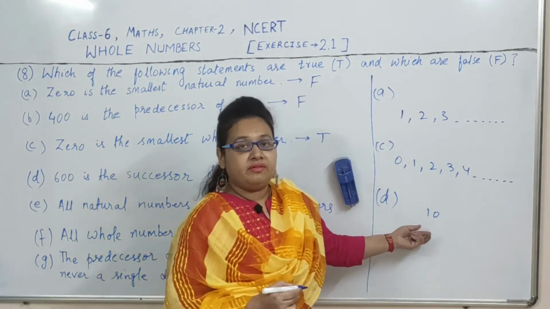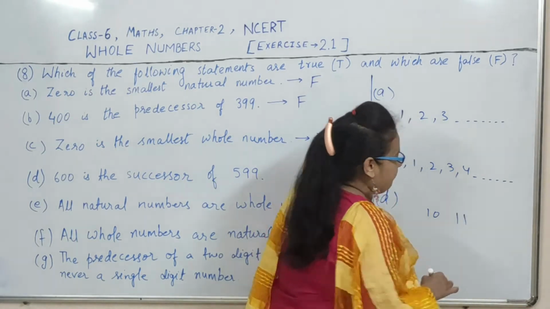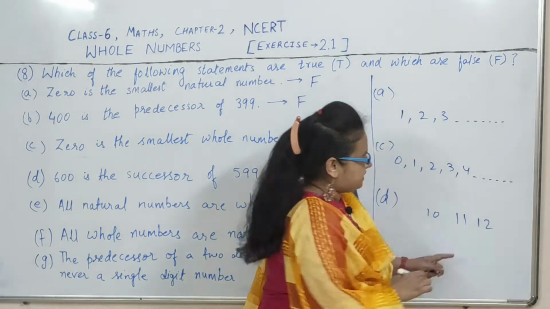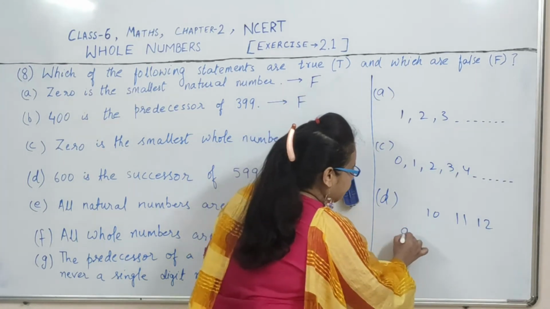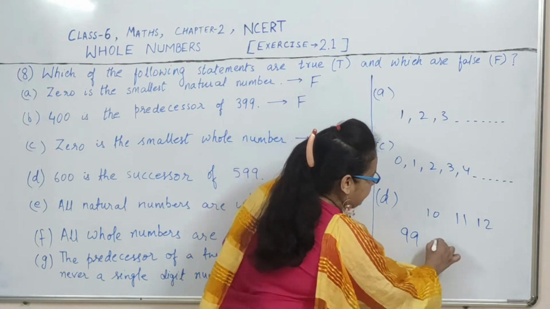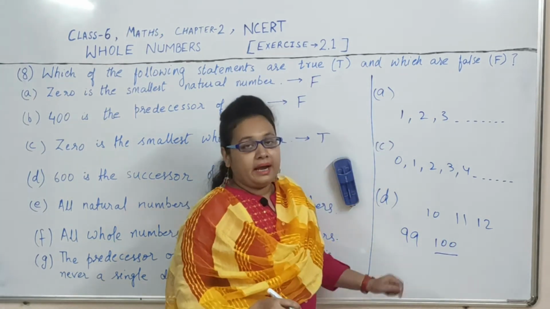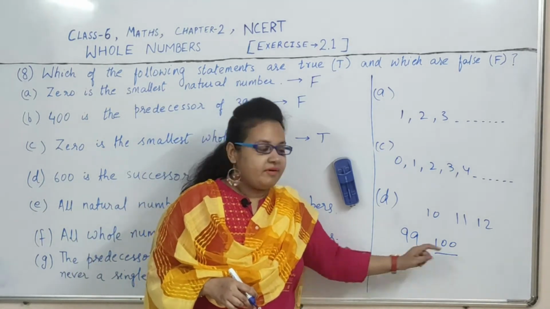The successor of 10 will be a number which comes just after 10, which is 11. What will be the successor of 11? It will be 12. What will be the successor of 99? The successor of 99 will be 100, because 100 comes just after 99. So successor is a number which comes just after the given number.